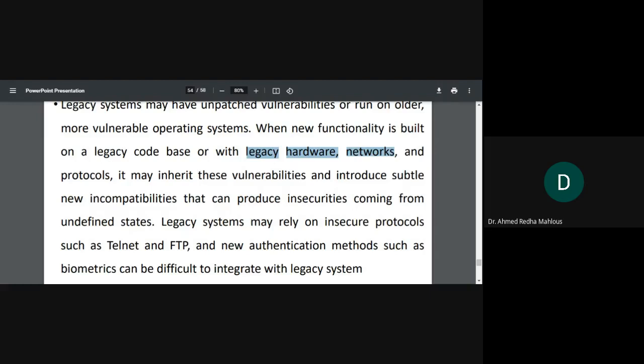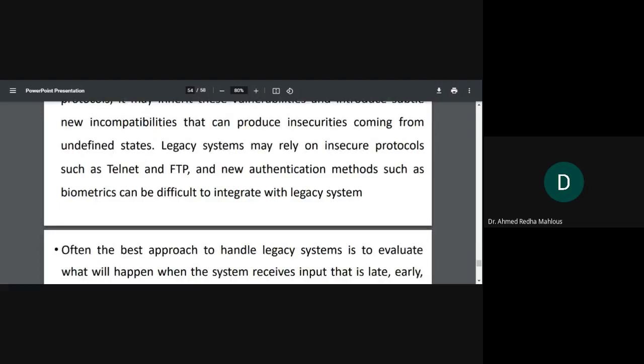That means all the vulnerabilities associated with old hardware, old networks, and old protocols will be inherited. The connection to the internet, which is the new functionality, will inherit all the problems and vulnerabilities related to the hardware, network, or protocol that the old machine uses to connect to the internet. Okay, Shabab?